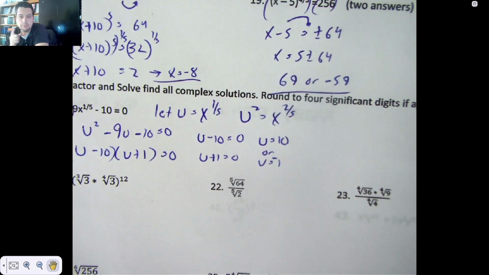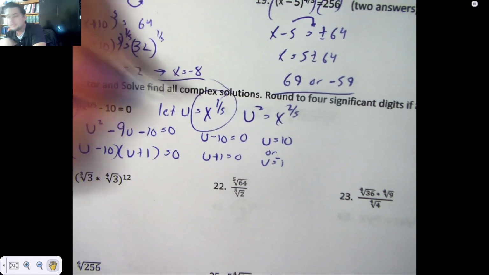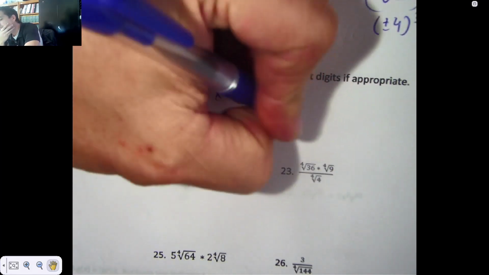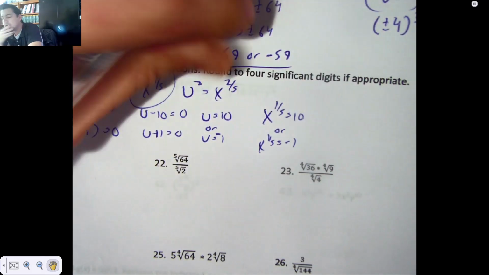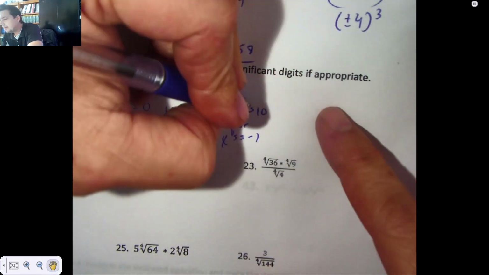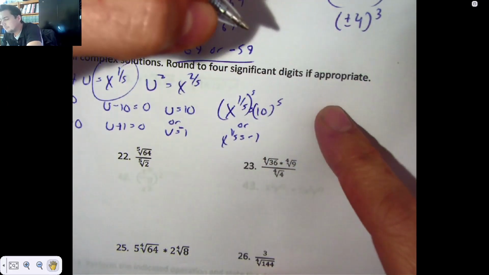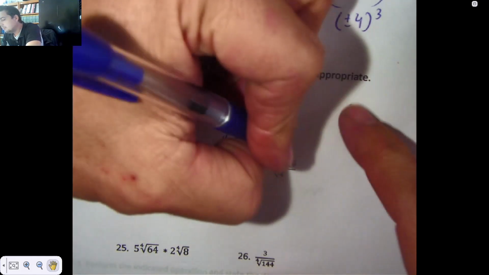There we go. But wait, U is x to the 1/5. So x to the 1/5 is 10, or x to the 1/5 is negative 1. These are easy to do. The opposite of the fifth root is the fifth power. Bottom one's easy.